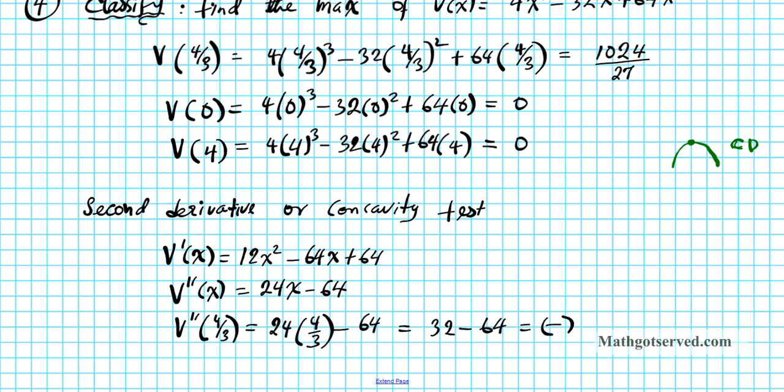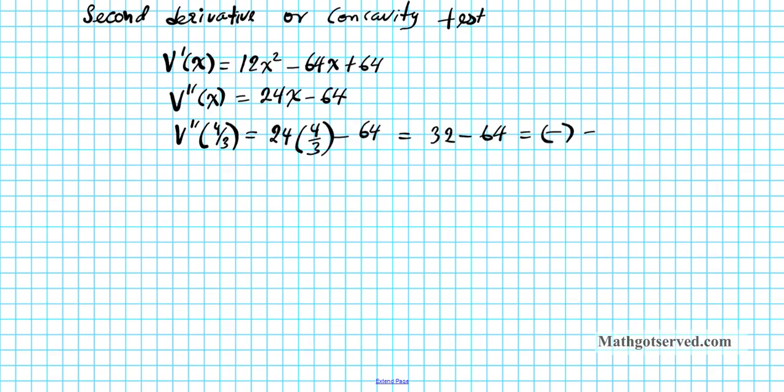So that implies that v is concave down at x equals 4/3. So if it's concave down, that gives us confidence that we have a maximum at that point. Okay, so the maximum volume is at x equals 4/3.